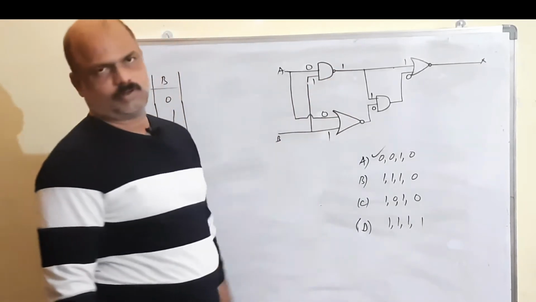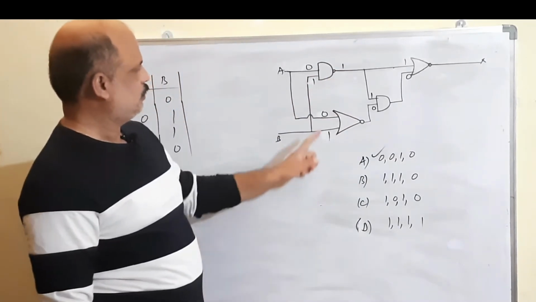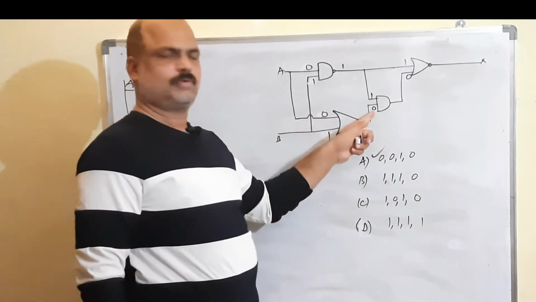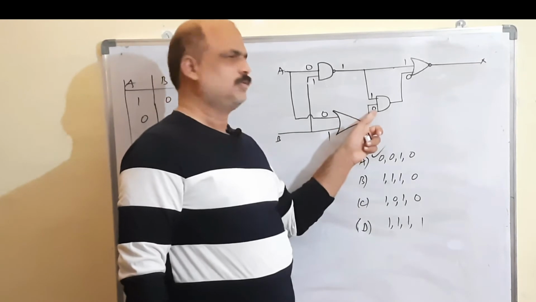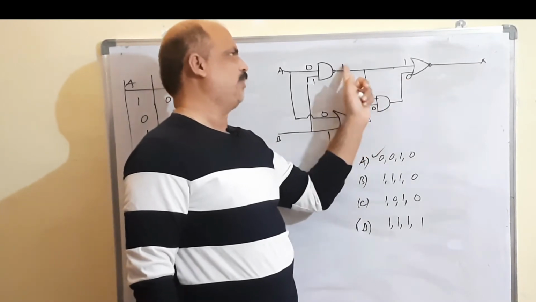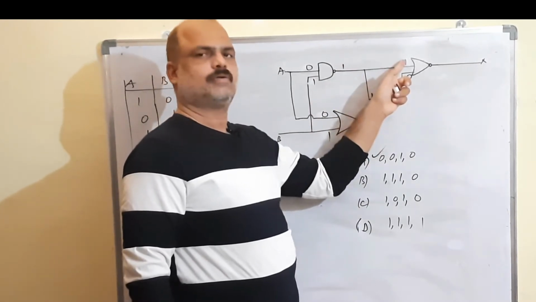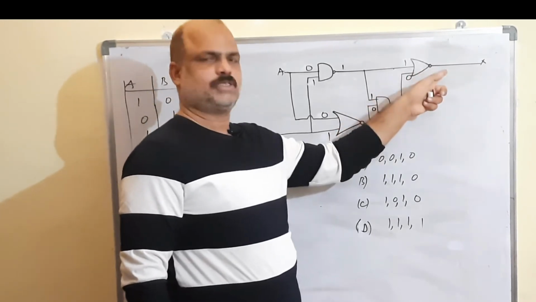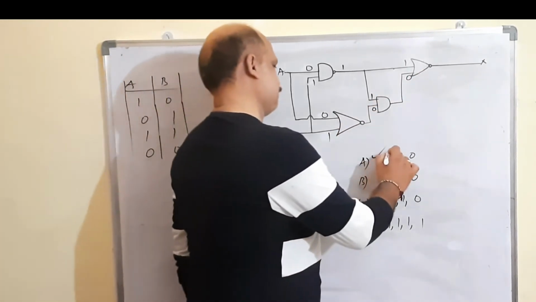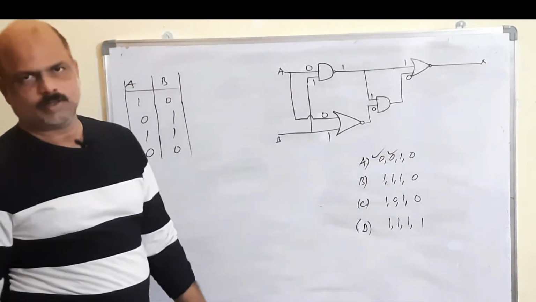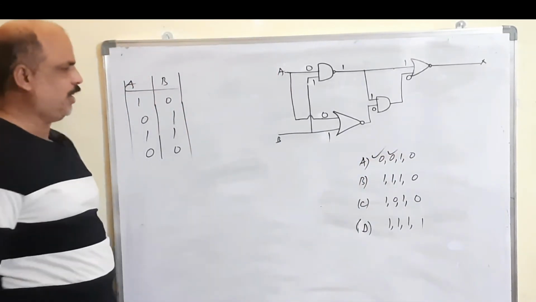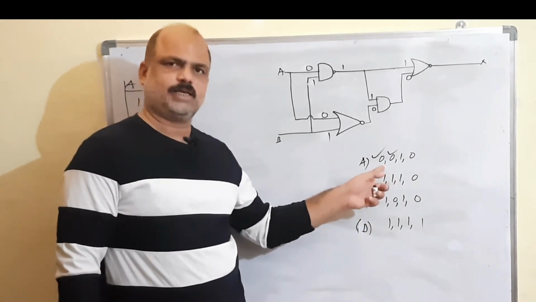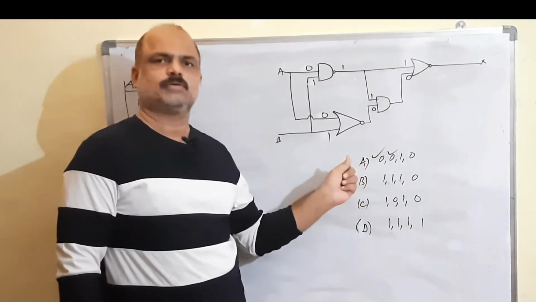Here 0 plus 1 is 1, so the reverse of 1 is 0. Here 1 into 0 is equal to 0. Here 1 comes to this side. 1 plus 0 is 1. So output is 0. Now let us check. Already here two answers are 0, 0. I think this one is the correct option.